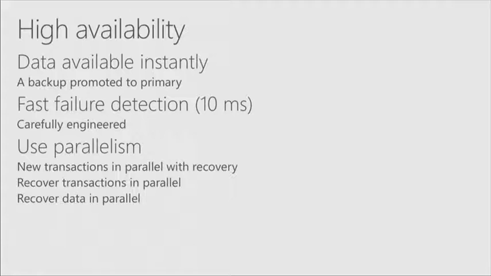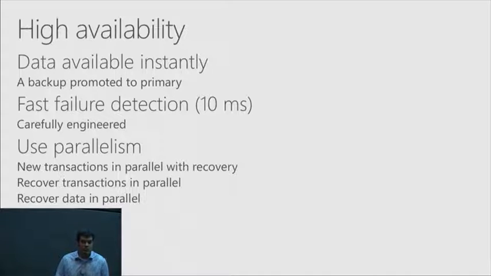What helps us with this is that we keep both primaries and backups in main memory, and this means that all the data is available in main memory as soon as we recover from the failure. So if a backup is promoted to a primary, the data is already going to be there. We won't have to recover it from a disk or something like that. We also made sure that we achieve very short failure detection times.